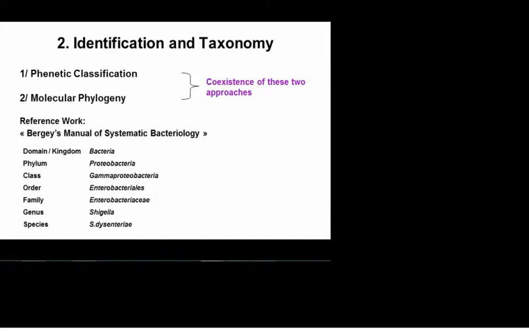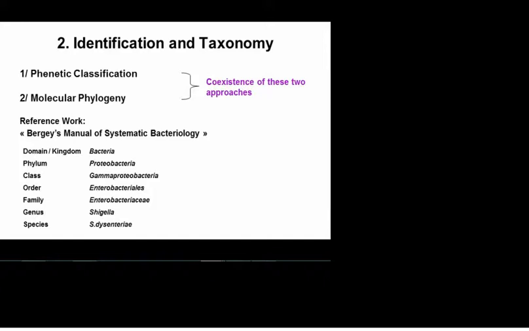And this has been overtaken by molecular phylogeny. That is the idea, okay, we'll sequence a load of genes and then try and reconstruct our phylogeny from the molecular data. You don't need to bother about performing a bunch of complicated biochemical tests. So these two approaches coexist, but really in terms of systematics, it's molecular phylogeny that is used now.